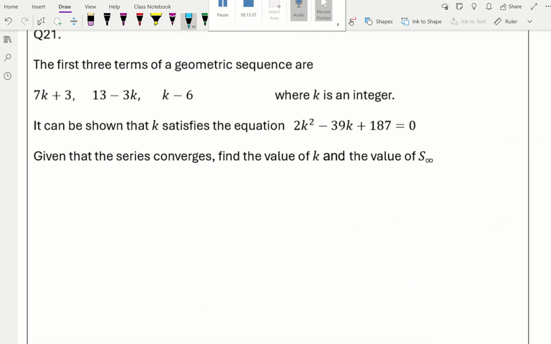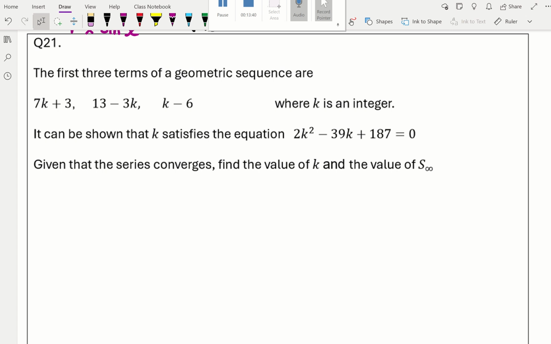Okay, so question 21. The first 3 terms of a geometric sequence are given. These are term 1, term 2, term 3, and it's a geometric sequence. So it's a common ratio R that connects the terms. And it says k is an integer, which means a whole number.